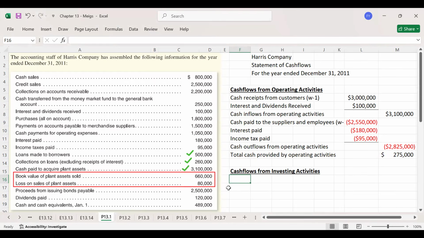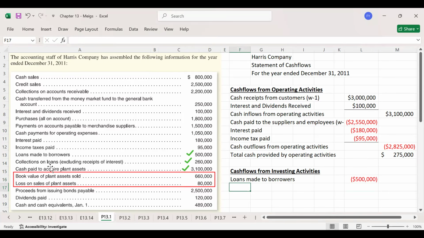So first of all, we have loans made to borrowers. So loans made to borrowers, total amount is $500,000. As it represents outflows, with the help of bracket we are representing this amount.